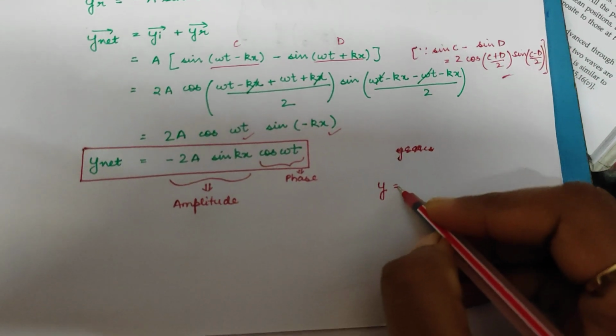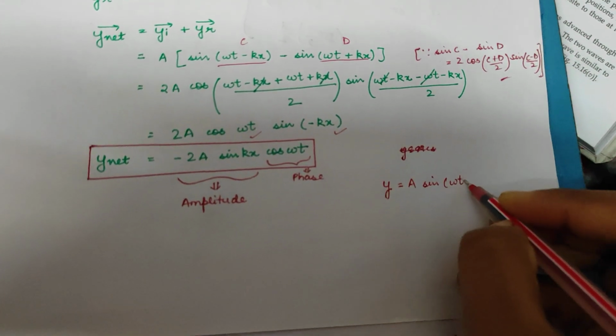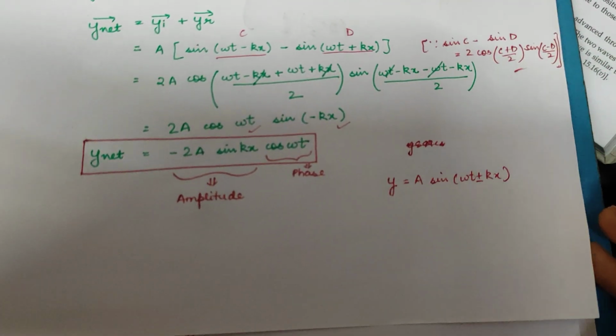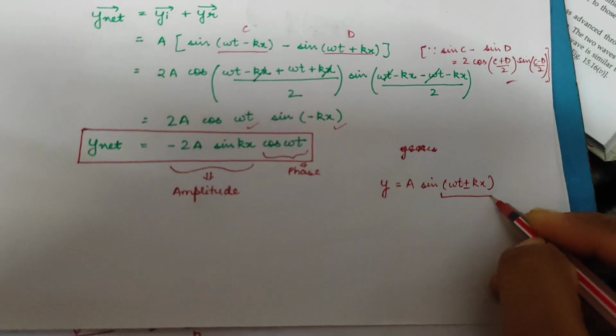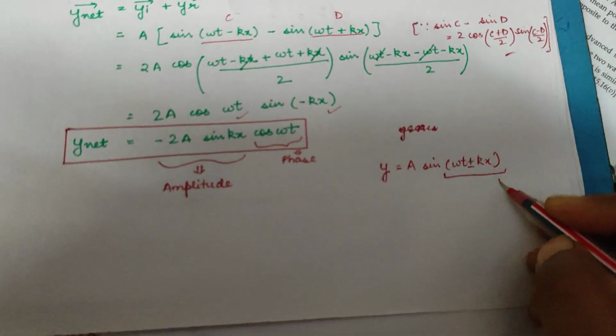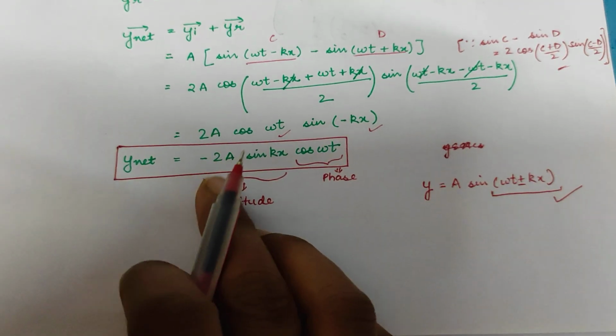Now if you remember, the equation for a progressive wave is A sin(ωt − kx), or you can say plus kx. If this is the component present in any equation of a wave, then that equation will be a progressive or travelling wave. But it is not the case with a stationary wave.